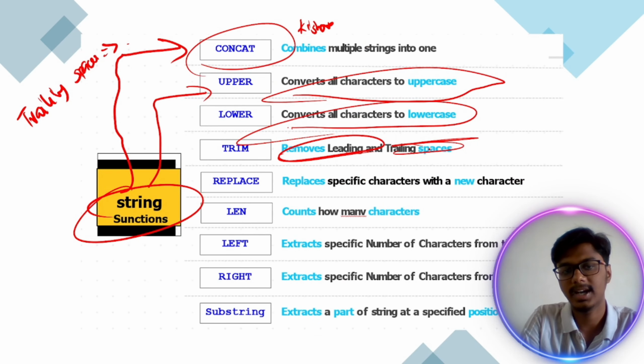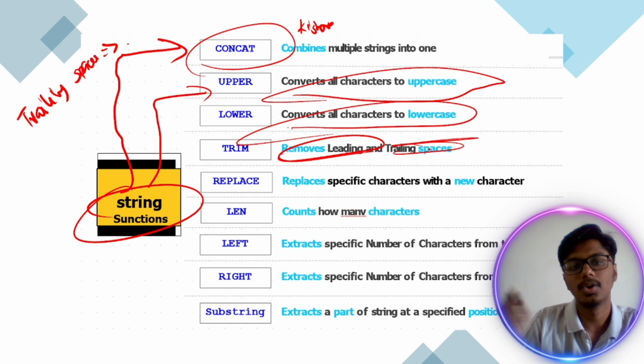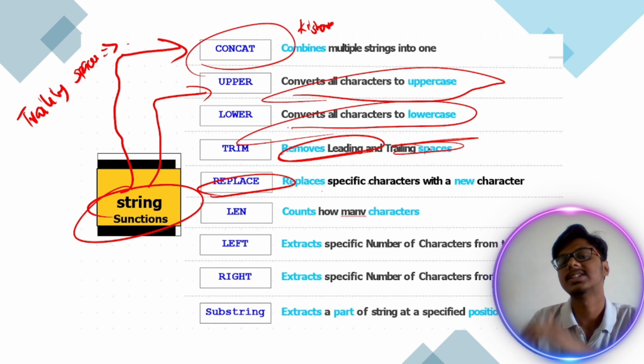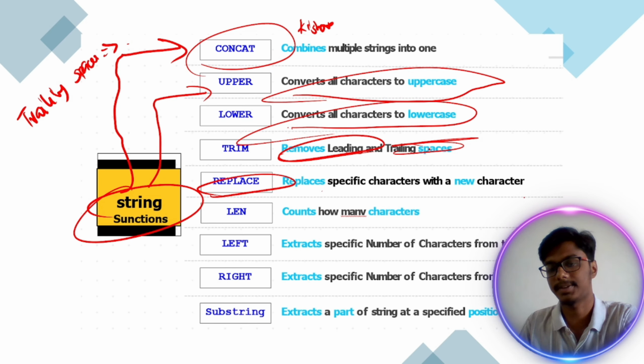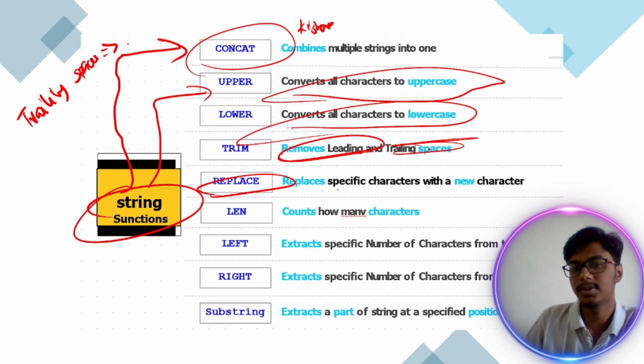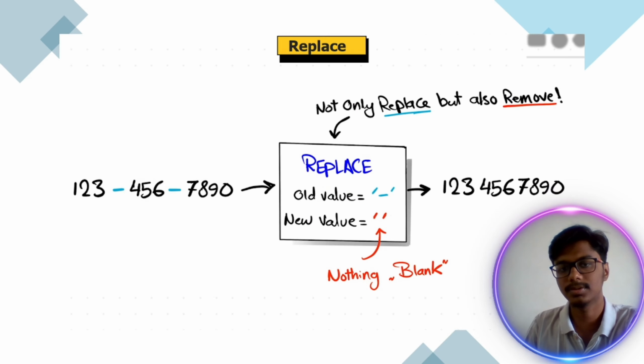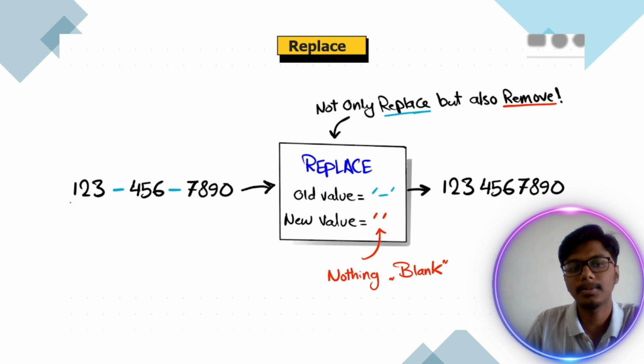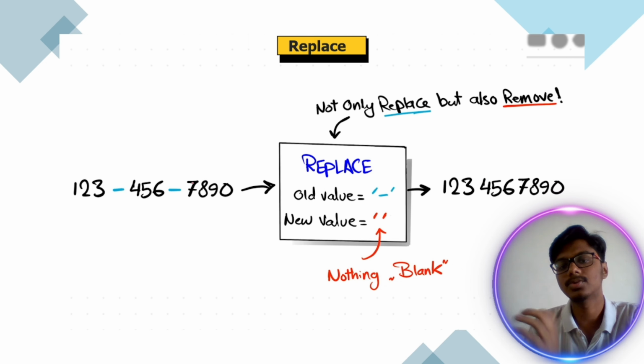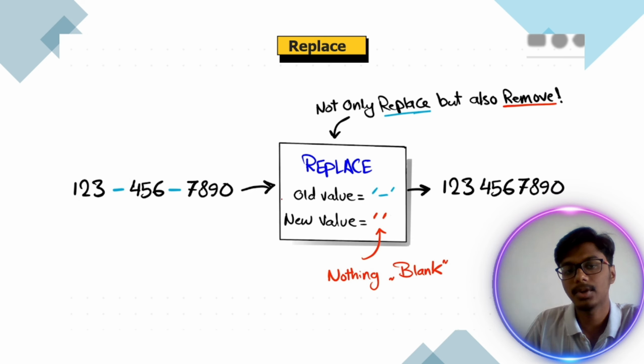I think these functions are clear, right? So let's head to the last one, the replace function. The replace function replaces specific characters with a new character, the old value with the new value. Consider this as my phone number.